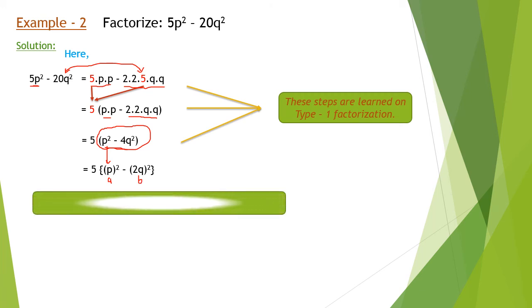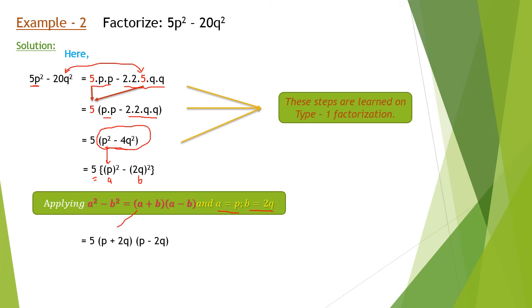Now applying a square minus b square, which is equal to (a plus b)(a minus b), and a is equal to p, b is equal to 2q. Now we have to write 5 first, then we have to apply the formula a plus b.